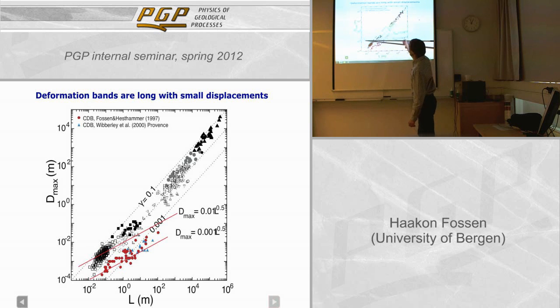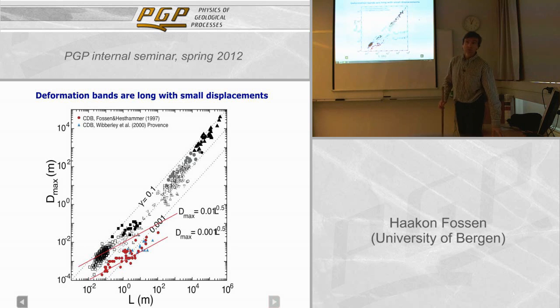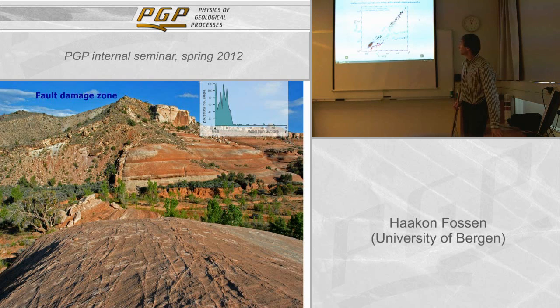For the same offset, the deformation band could be somewhere between 10 and 100 meters, probably closer to 100 meters long. So much, much longer relative to displacement. It's another way that deformation bands are different from regular faults, shear fractures.